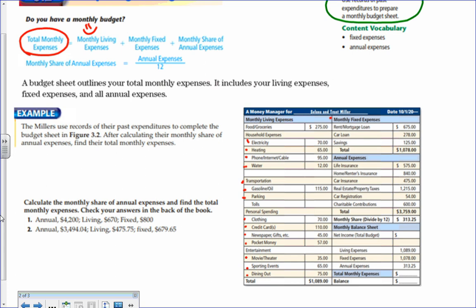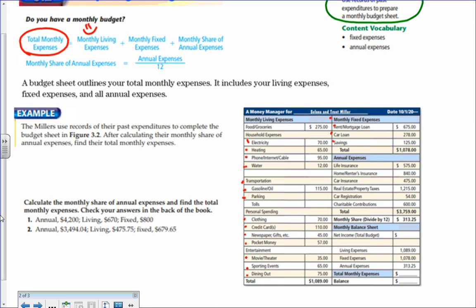Okay. So our monthly fixed expenses are things that are going to stay the same every month, like our rent or our mortgage. That's the same amount every month. Our car loan, if you get a car loan, that's the same every month. Putting money away for savings, you should put the same amount of money in savings every month.